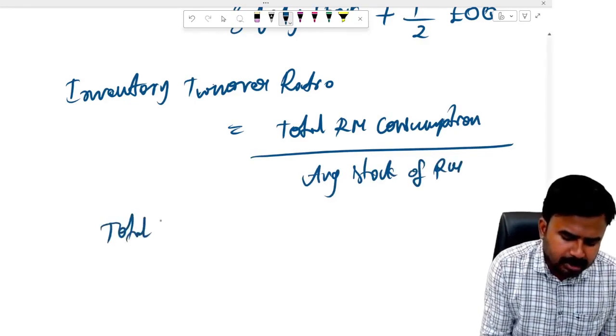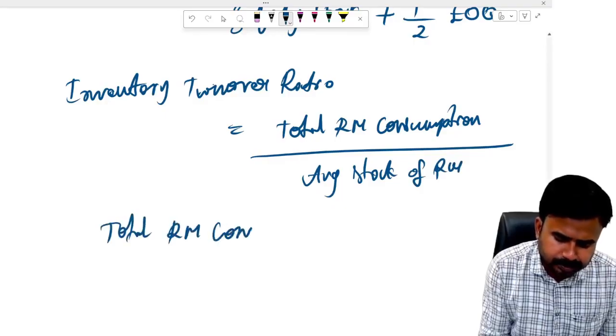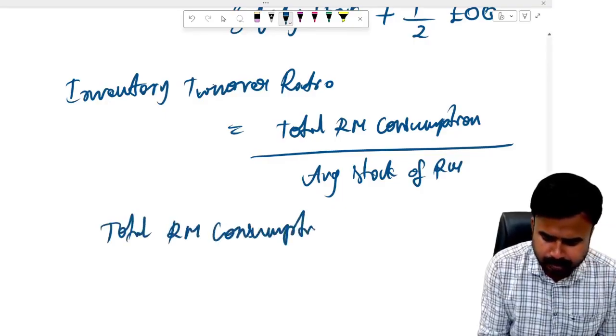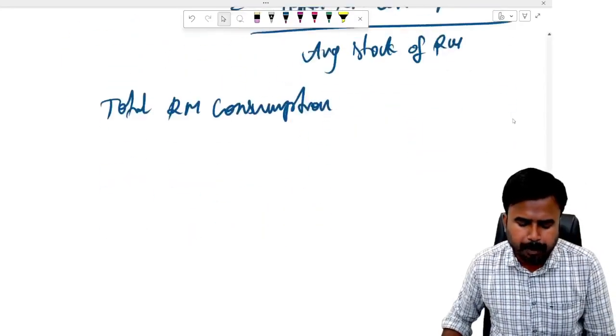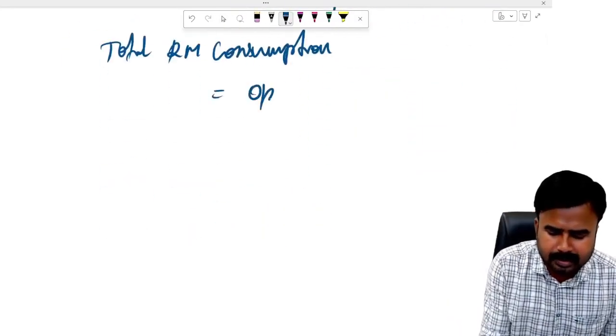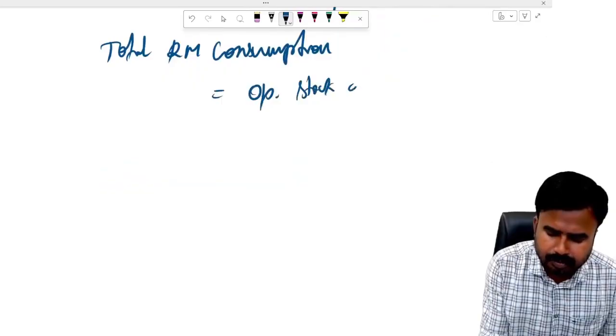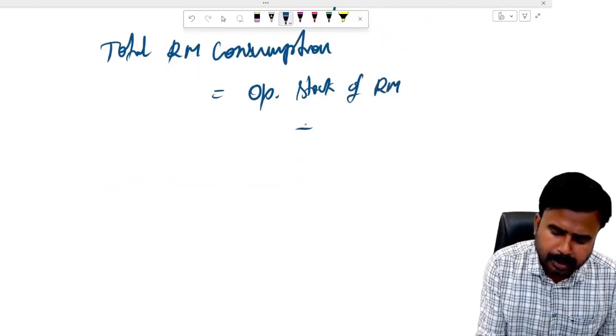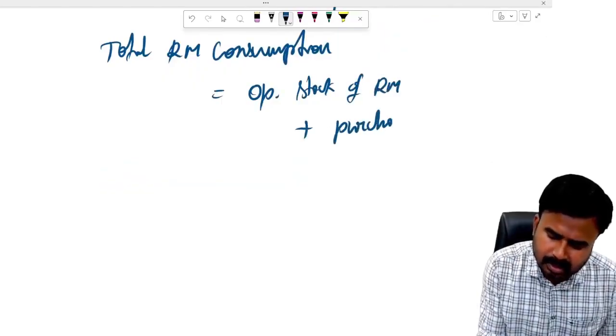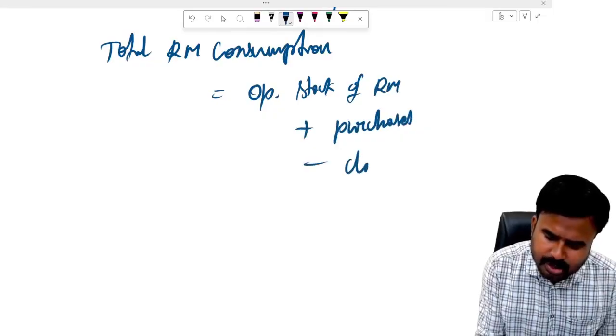Total raw material consumption is equal to opening stock of raw material plus purchases minus closing stock of raw material.